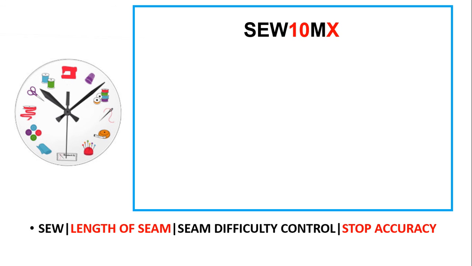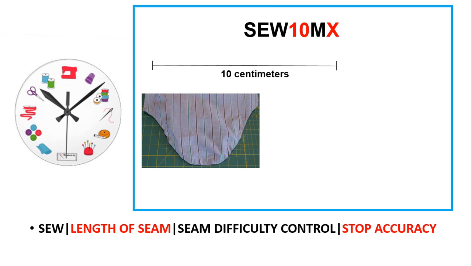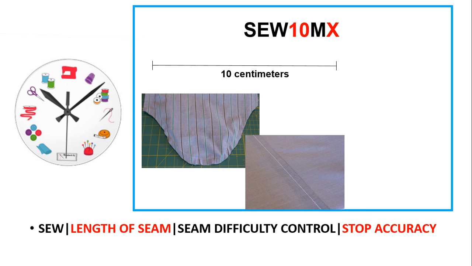Now here we start with SEW, then the length of the seam, that is 10 centimeters. M stands for seam difficulty, where we know that M denotes stitching on curved seams that do not affect the appearance of a garment, or straight stitch that does affect the appearance. This means that it is either an inside curved seam like a sleeve attach, or an outside straight seam like a top stitch at some place.